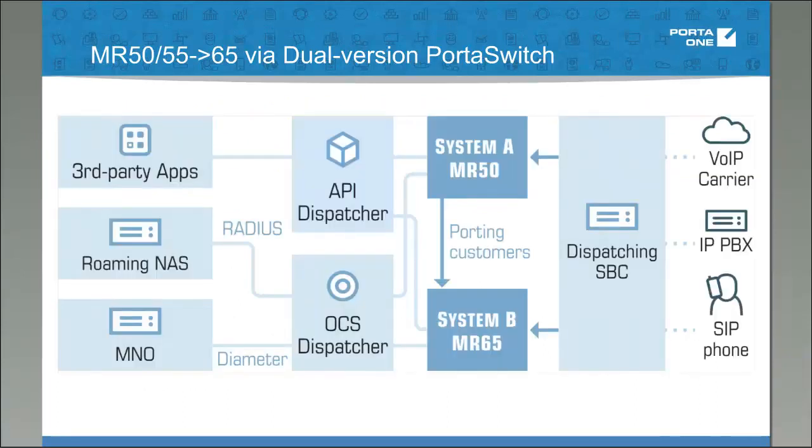So you may ask, how does it work? So there is running MR50 or 55 installation. API, OCS, dispatchers, and dispatching SBC are set up in front of the system. They assure that communication with the outer world is transparent. An alter ego system is set up with MR65 behind the dispatchers.